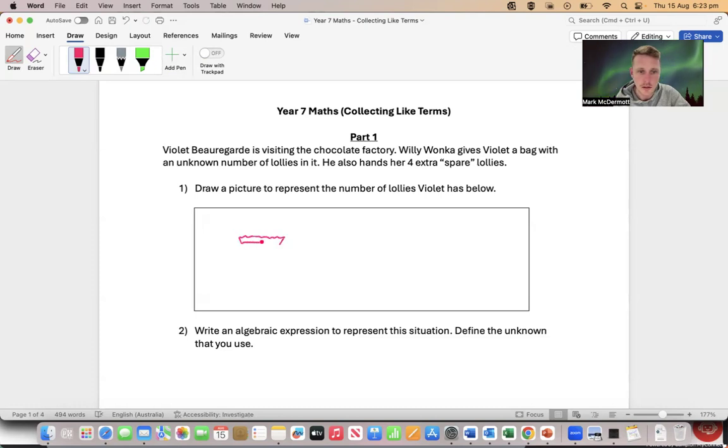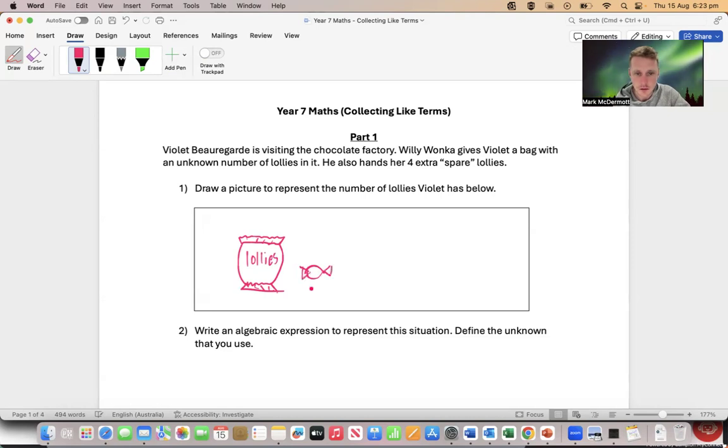So if we draw a bag, and this is going to be terrible, we can say this is our bag of lollies, and it's got lollies in it, and they got 4 extra spare ones, right?